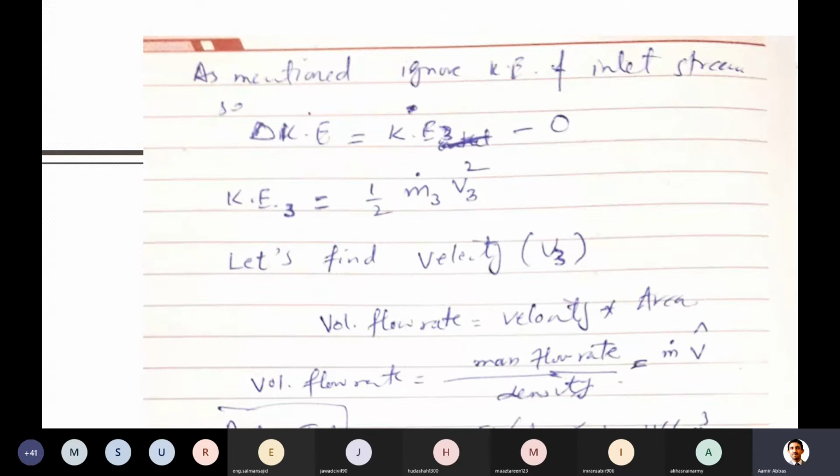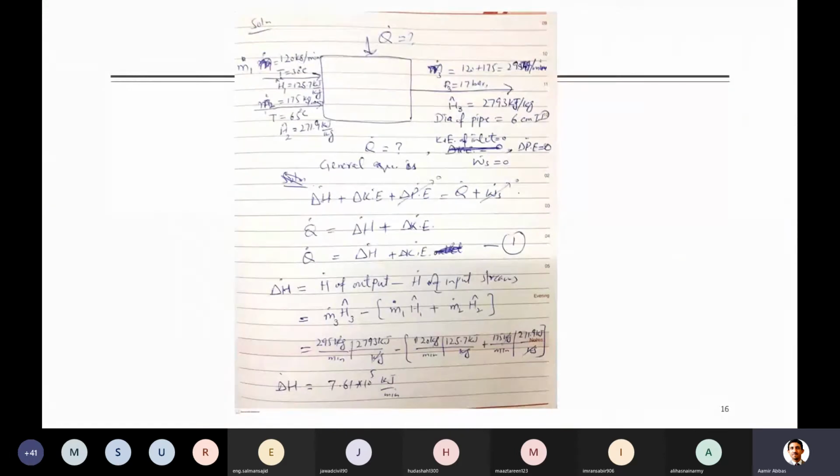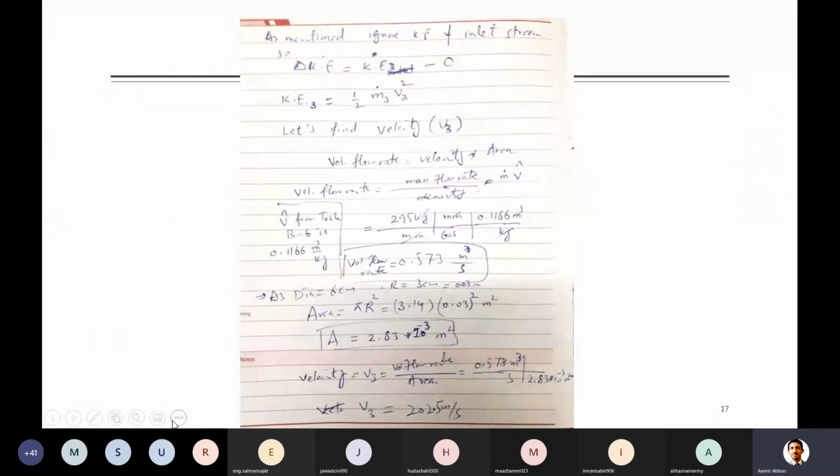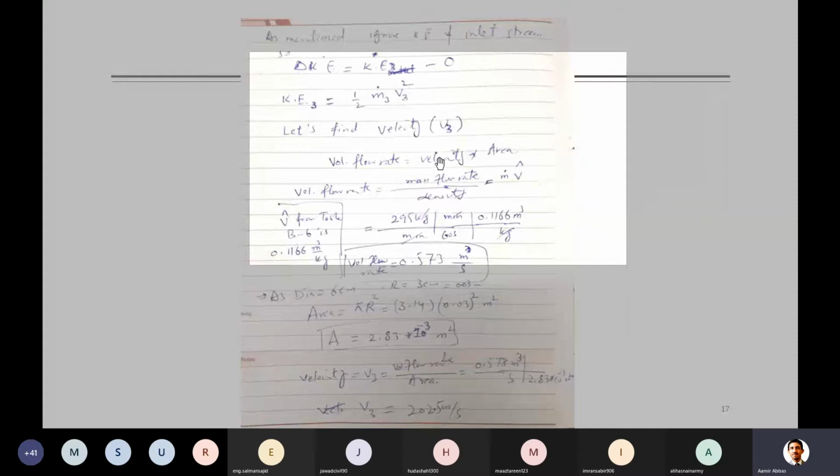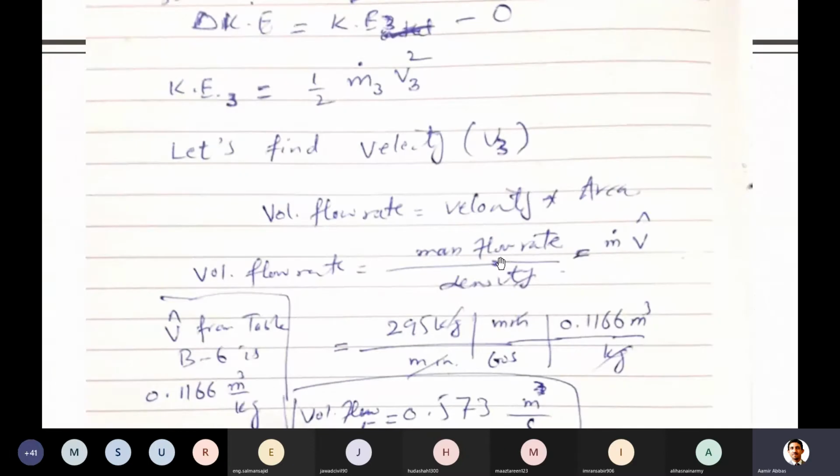So do we have this for all properties? At least, okay, guys, for one, you can say yes, we can have, because you already know, I think, about the steam table. So if you go to the steam table, you can easily find the specific volume for these water streams as well as for steam streams. And for the steam stream, it was given in the question, so I can quickly find the volumetric flow rate for any of these streams.